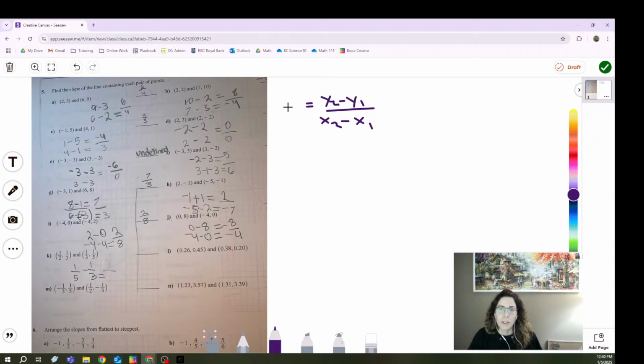Like in y equals mx plus b, what represents slope? Not the x. Well, that's not a variable. But yes, slope is rise over run, but the variable is m. So when you gave me y2 minus y1 over x2 minus x1, that's the equation for slope, which has the symbol or variable m.